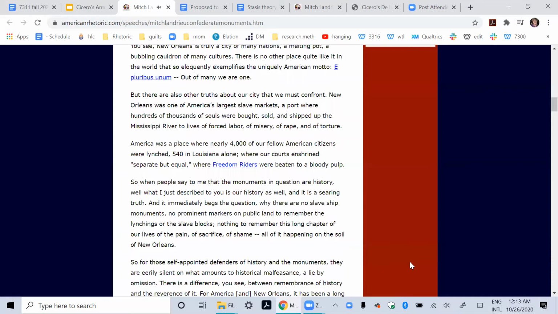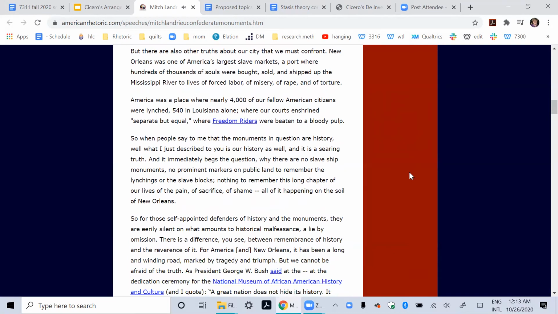And it is a searing truth. And it immediately begs the question, why there are no slave ship monuments, no prominent markers on public land to remember the lynchings or the slave blocks, nothing to remember this long chapter of our lives of pain, of sacrifice, of shame, all of it happening on the soil of New Orleans.